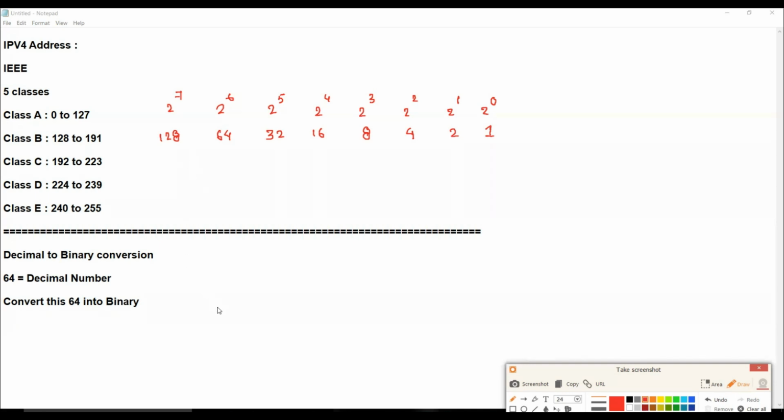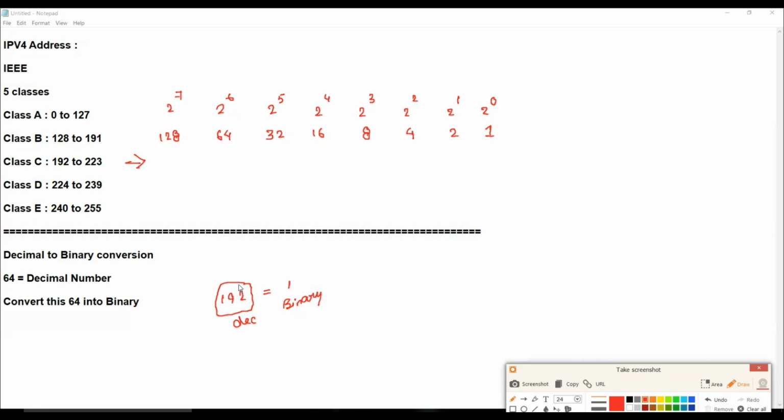Now, for example, I got a number which is say 192. This is a decimal number, and let us say I want to convert that into binary. The question is, please convert that into binary. So you can find the combination of these values that would give you the number 192. Always while doing this, go from your left towards your right.